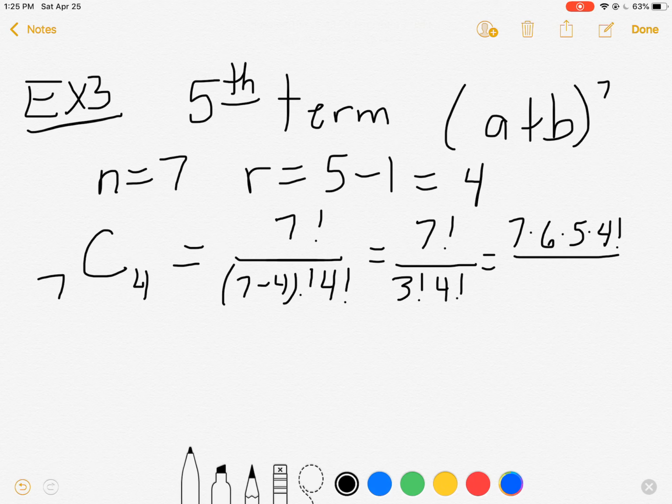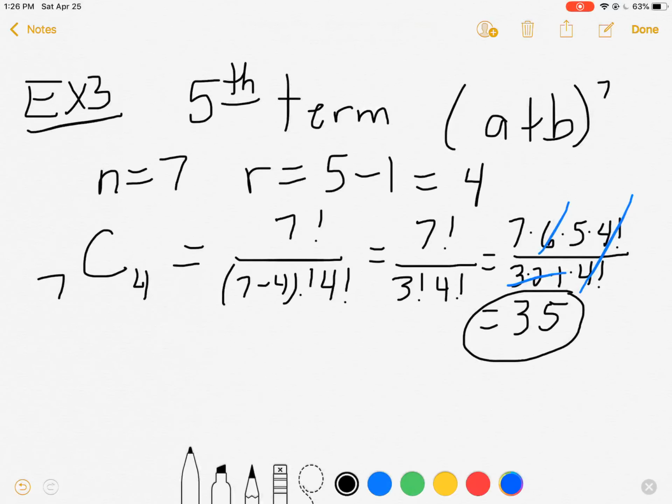I'm going to stop there. 3 factorial is 3 times 2 times 1, and then that 4 factorial cancels with the 4 factorial. 3 times 2 times 1 is 6, and so that cancels with the 6 on top, and I get the combination of 7 things taken 4 at a time is 35.